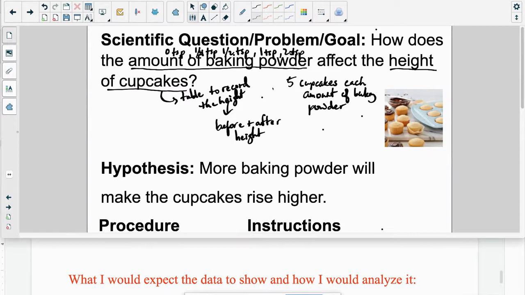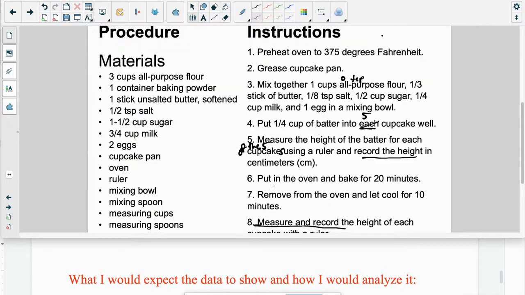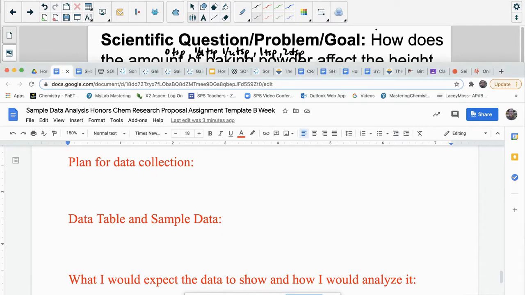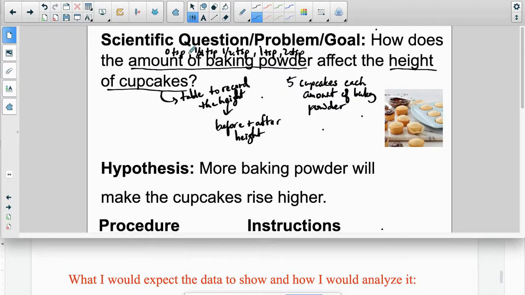So now that I've made some notes around my scientific question after looking at my instructions, I'm going to use my notes to write my data collection plan. So I'll go to my paper now, and I'll start typing up my plan by looking back here. And I want to mention that, first of all, I'm going to change the amounts of baking powder.